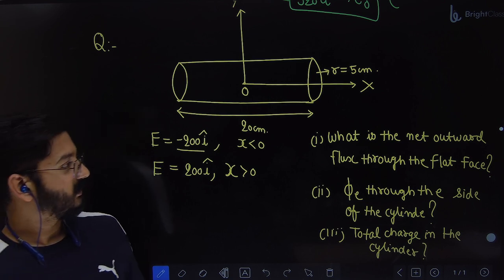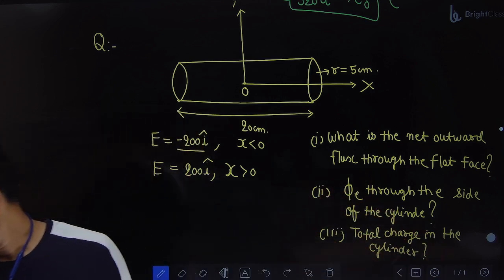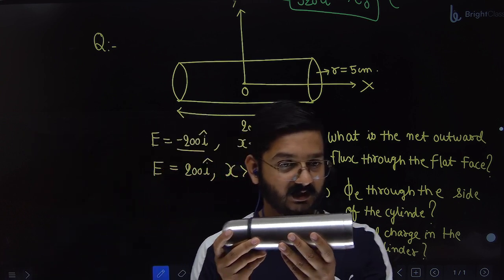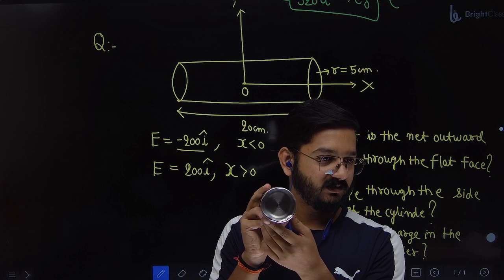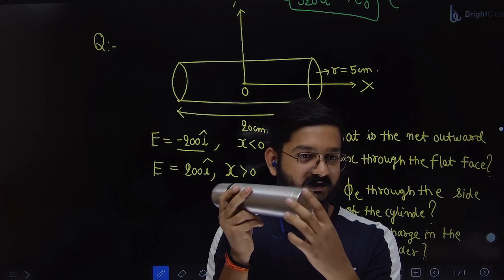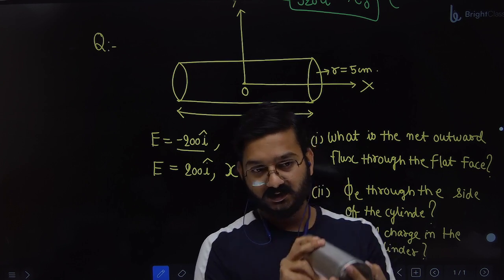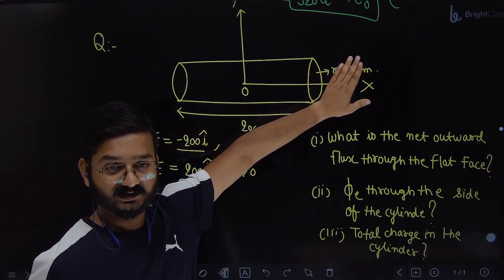I'll explain. If you are getting confused, what is flat and side? Just understand that if this bottle is there, this bottle is a cylinder. This circular surface is flat, so this circular part is called the flat part of the cylinder. The flat face means the circular part or the cross section of the cylinder.